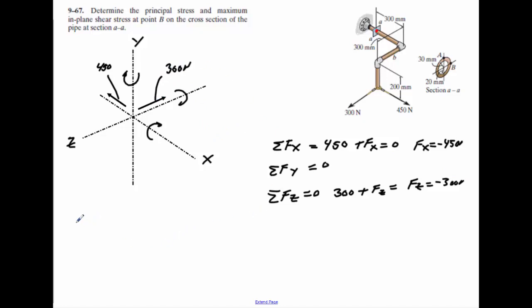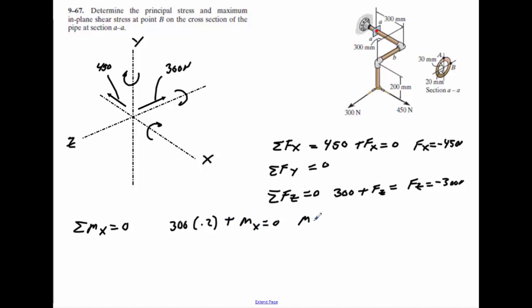Okay, now do the moments, and the moments you're going to be a little bit more careful about. We'll take the moments around x and set that equal to 0. So if we're taking moments around x, we're looking for y and z forces. The only thing I'm going to have is a z force. X force cannot create a moment around its own axis. So when I do this one, I'm going to get 300 times 0.2 plus my moment that's going back the other way, and it's going to make it equal to 0.